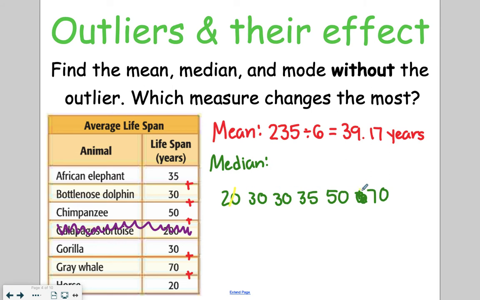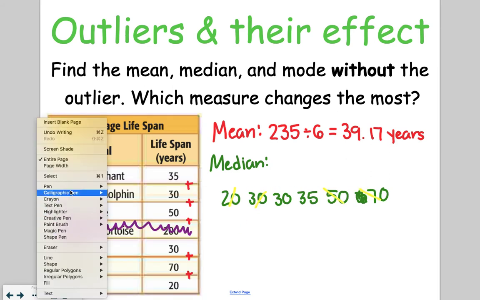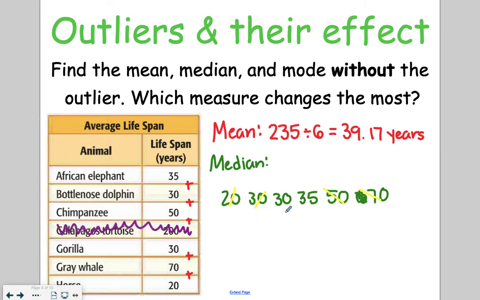So small, big, and we have 2 left in the middle. So when we do that, we add those up, giving us 65, and then don't forget to divide that by 2, because we're trying to find what's in the middle of that, and that's going to be 32.5. So our new median is 32.5 years.